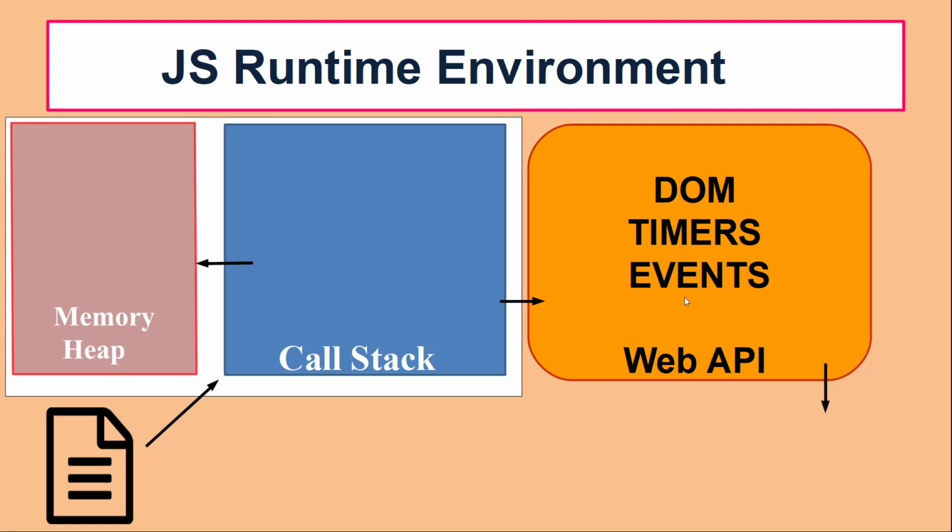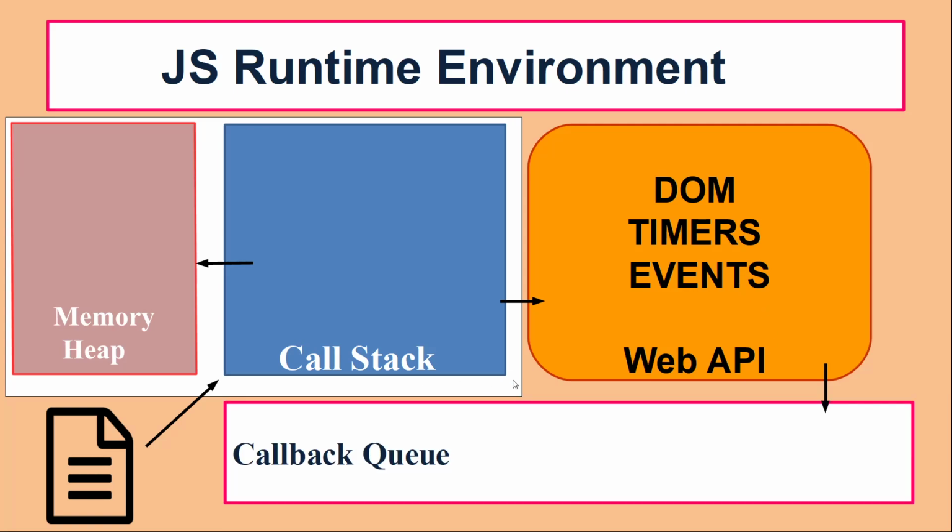However, the function that you want to occur once it's clicked could be normal JavaScript code. So we need a way to put the JavaScript code or the function back into the call stack, and we call this the callback queue.